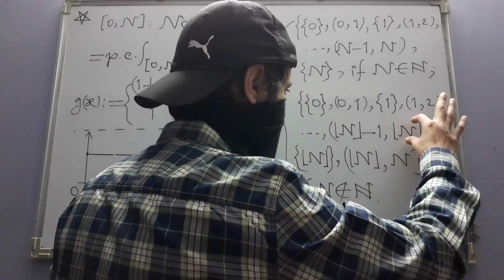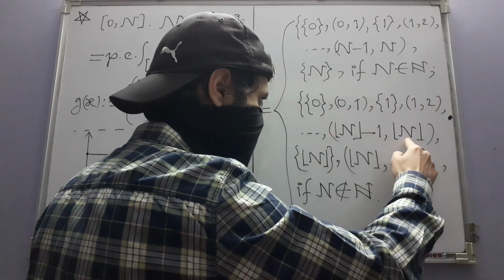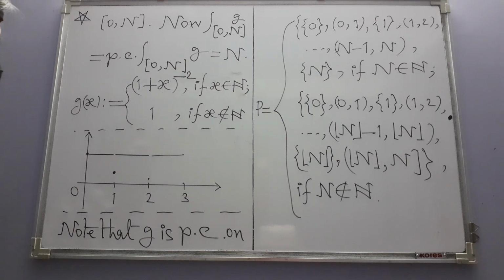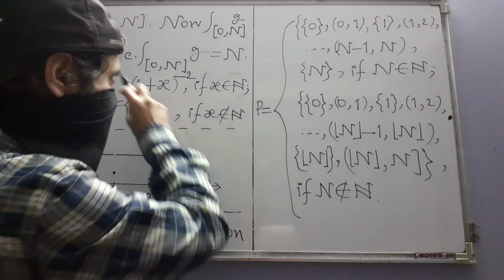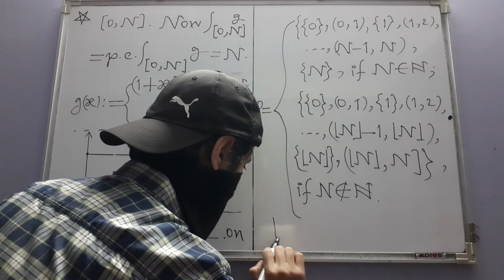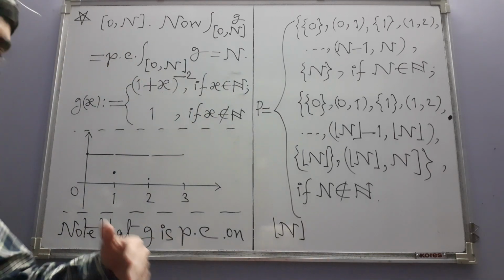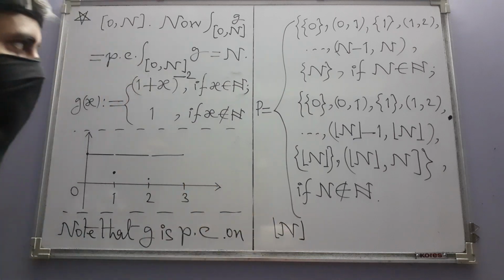Namely, the number of ones is the floor value of n, because 1, 2, 3 and like that up to this. So when you write the integral in this second case, this many ones you get, so when you add them up you get this number.